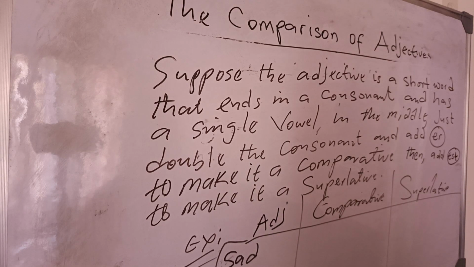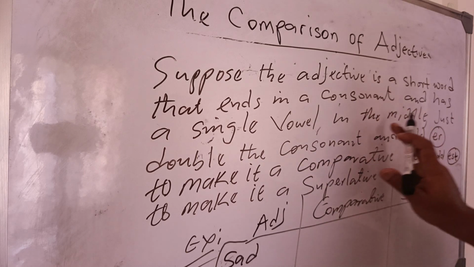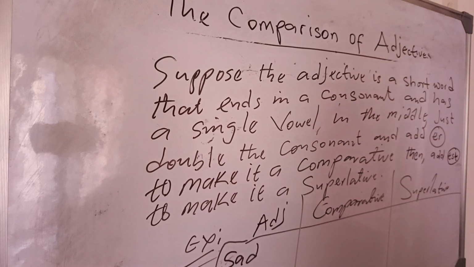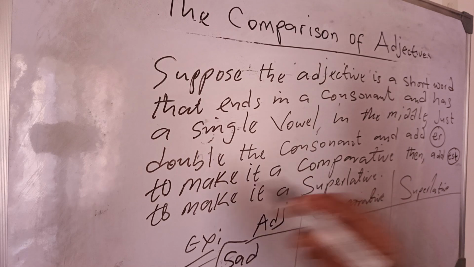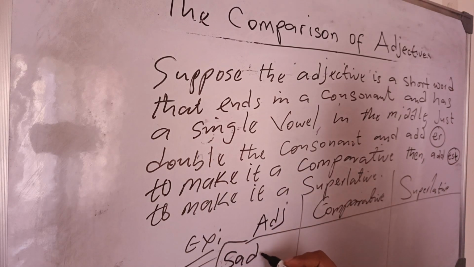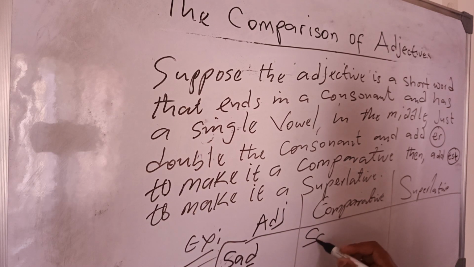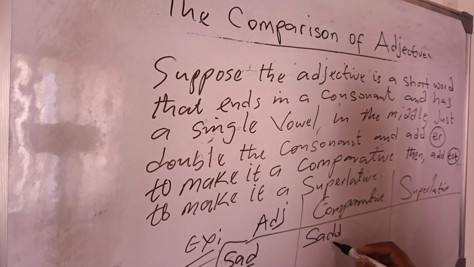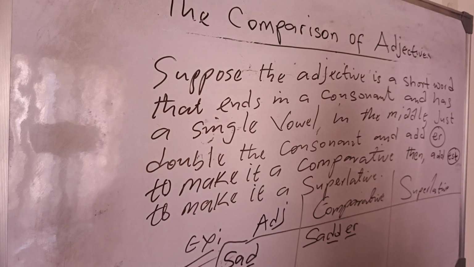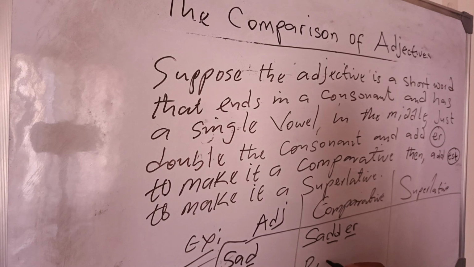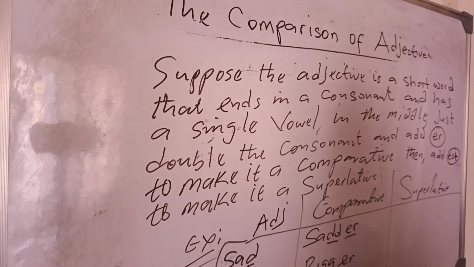Here we double the consonant and add er. If we double this consonant, since it ends with a consonant, then we add the er. So it becomes what? Sadder. The big will become what? It also ends with a consonant, so double the consonant, then er. It becomes bigger.